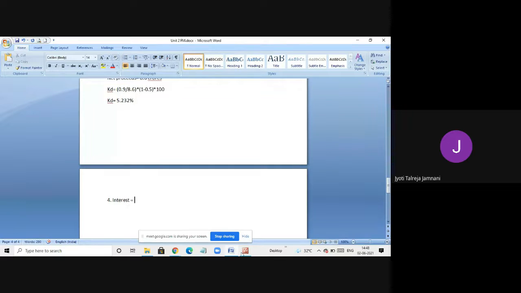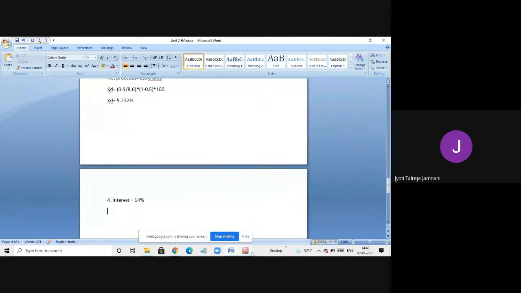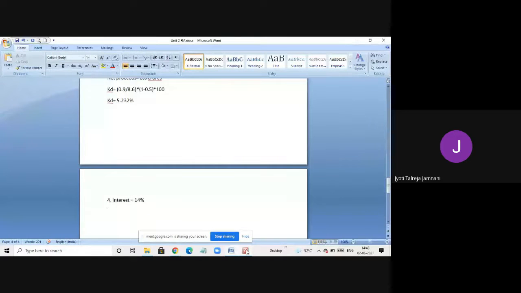Interest is equal to 14%. Debentures are of rupees 10 lakhs, so we can say face value is 10 lakh.